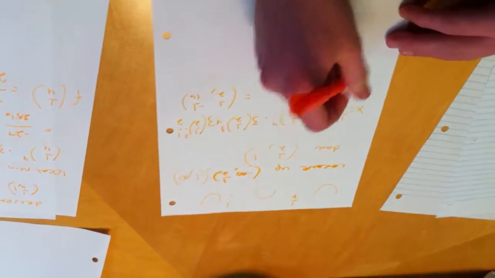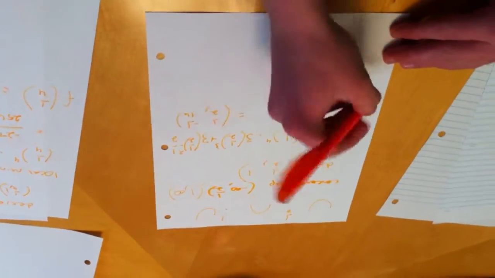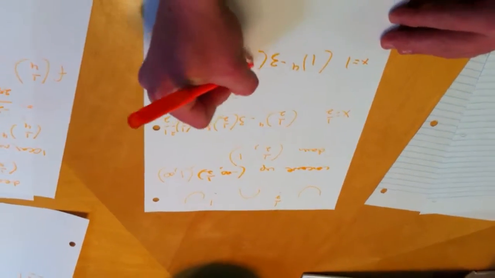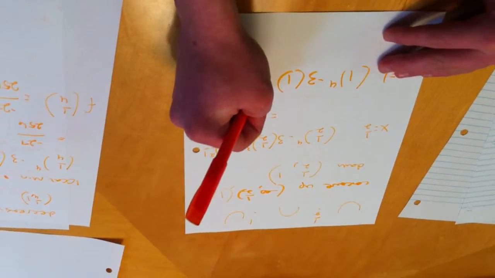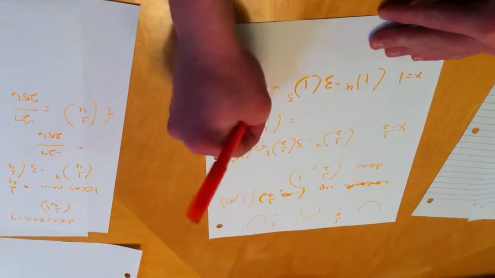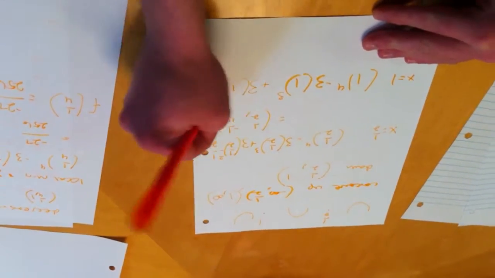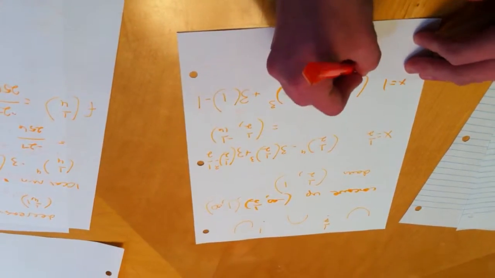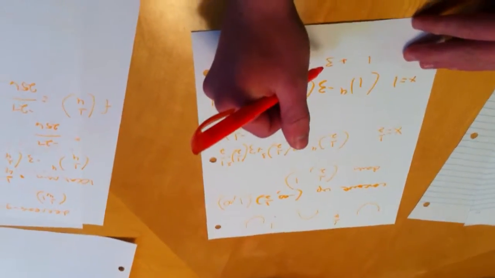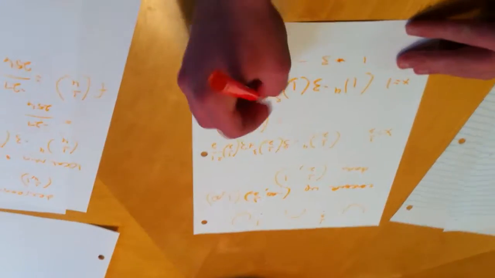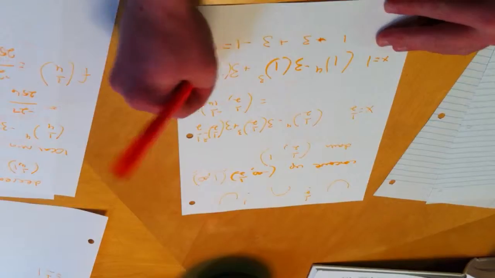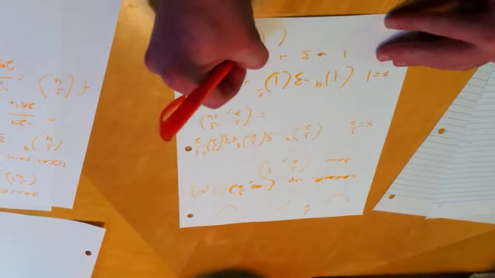Then we do the same process for 1: 1 minus 3 plus 3 minus 1 gives you 0. So that point is 1, 0.